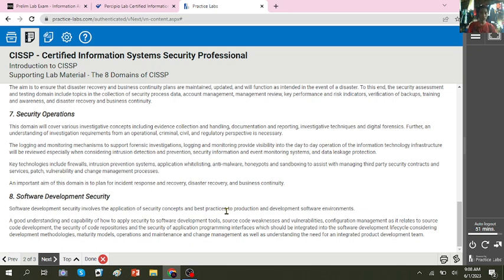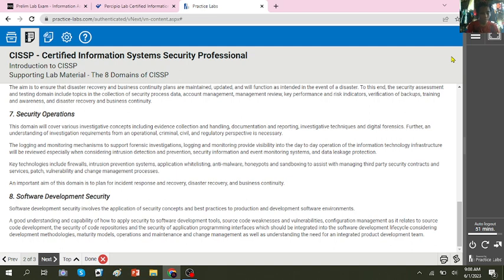Number 8, software development security. Software development security involves the application of security concepts and best practices to production and development software environments.